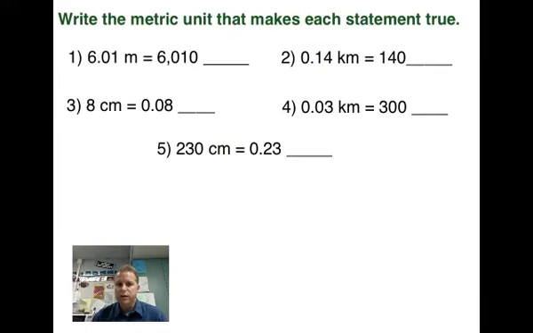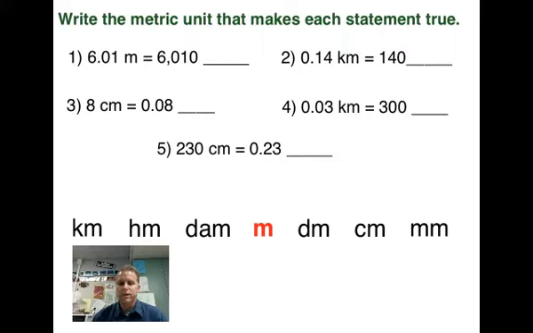Now these are kind of the same, although they look a little bit different. Again, we're going to do kids hate doing math during cold mornings. So if I start with 6.01 meters and I end up with 6,010 of something, what units do I have? Well, start with meters.